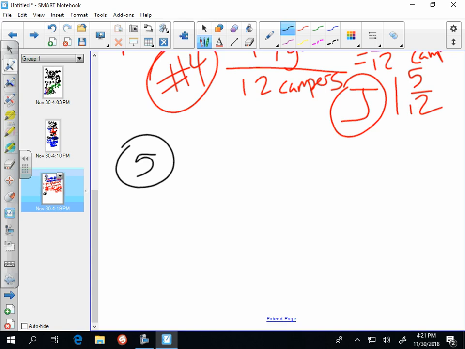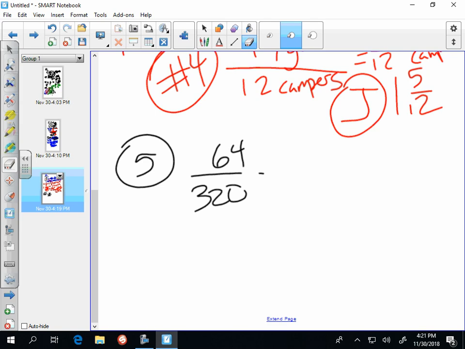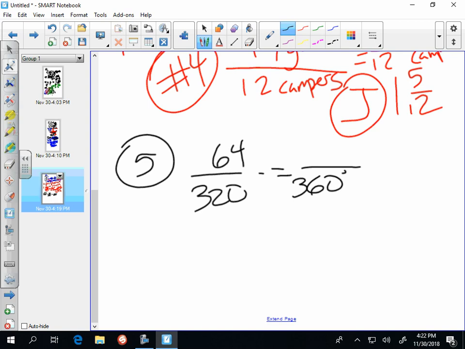And that is 64 out of 320. Well, he wants to convert 64 out of 320 to some sort of representation in a circle graph, where the total on the circle graph is 360 degrees. And we want to know how many degrees this 64 out of 320 ratio would be.